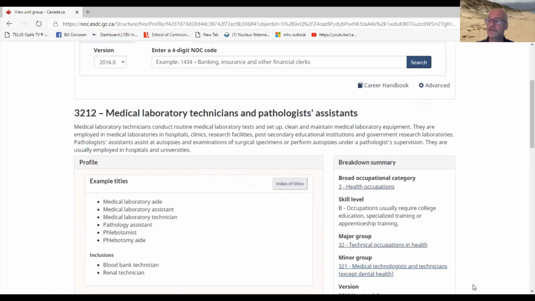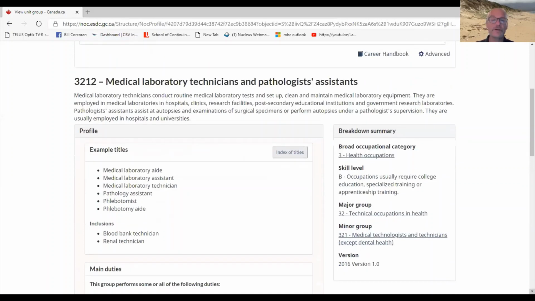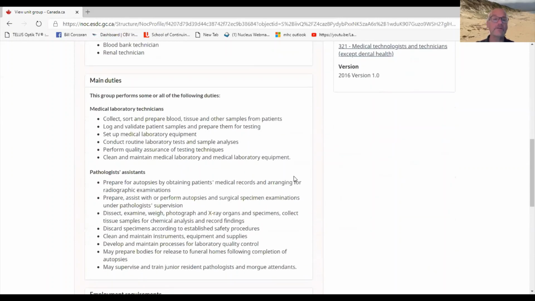Okay. So what does a phlebotomist do? Well, main duties: collect, source, and prepare blood, tissue, and other samples for patients. Basically, draw blood. There's a whole bunch of stuff. They need to clean and maintain the medical laboratory as well. All right, so that's what it is. The main duties, this would be sort of the job description part, the TDRs: tasks, duties, responsibilities.